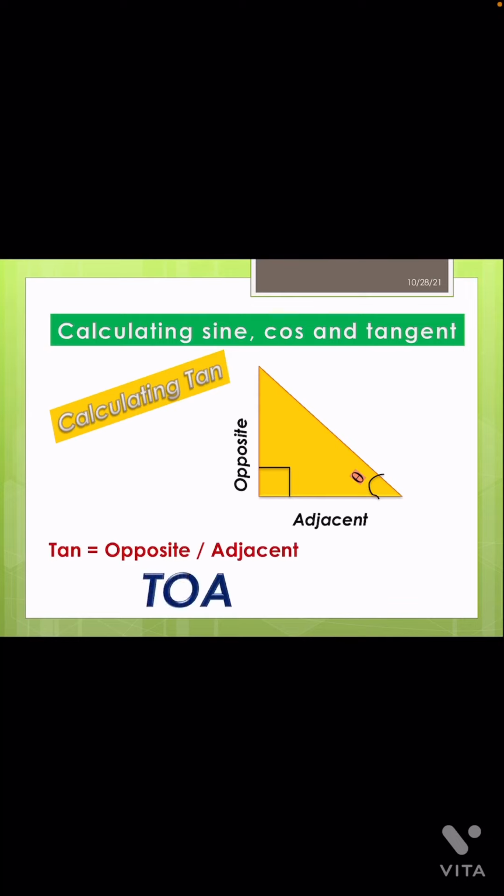We can find tan by dividing opposite by adjacent. T O A. T for tan, O for opposite and A for adjacent.